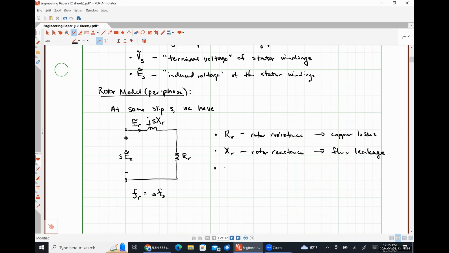And then I'm calling it E2, but I'm trying to use a subscript R for the rotor side and S for the stator side, so I apologize. ER is the induced voltage across the rotor windings.